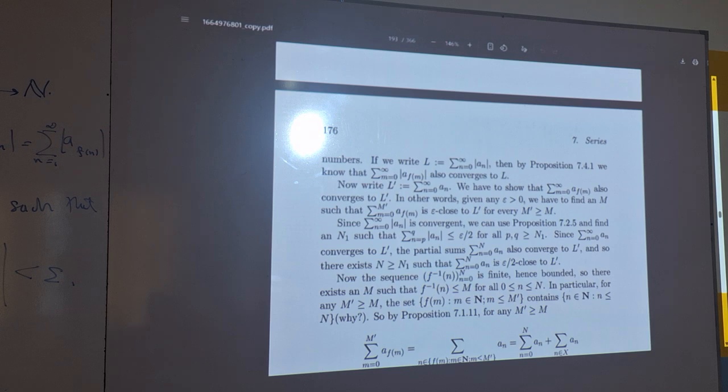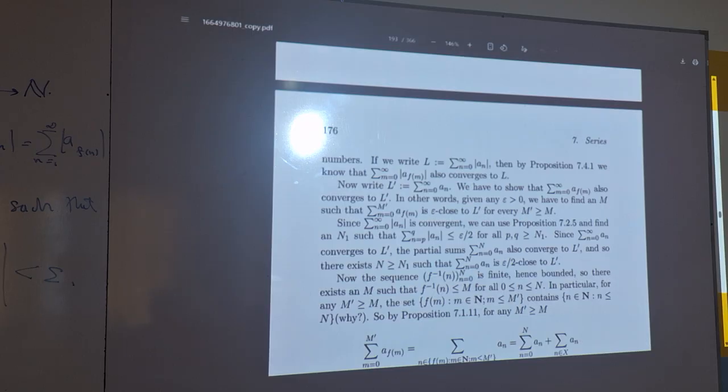All we need to prove is that if you take any m less than or equal to capital M dash, then m is less than or equal to N. Is that right? Let's take any m with m less than or equal to M dash.